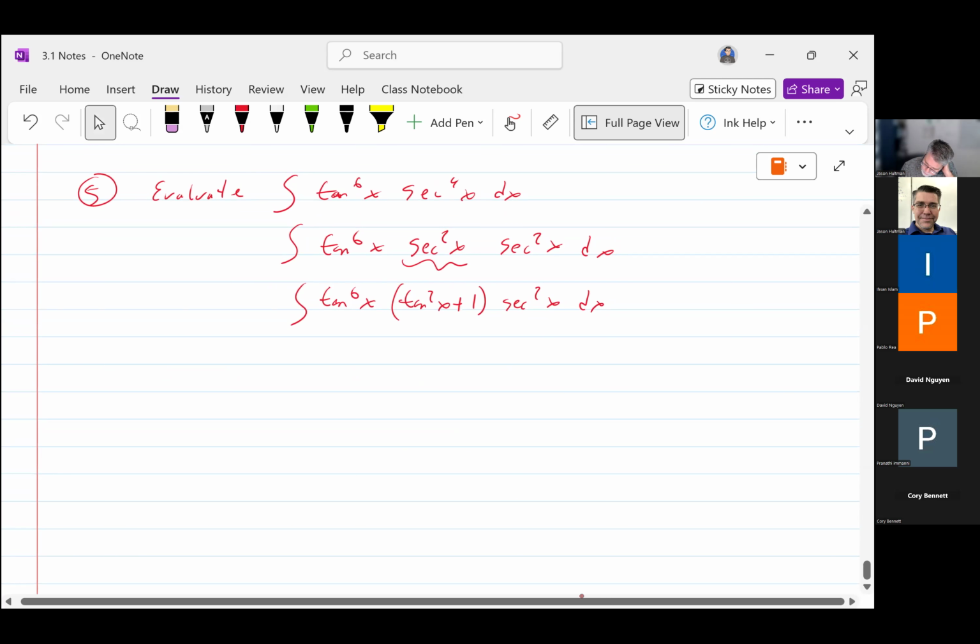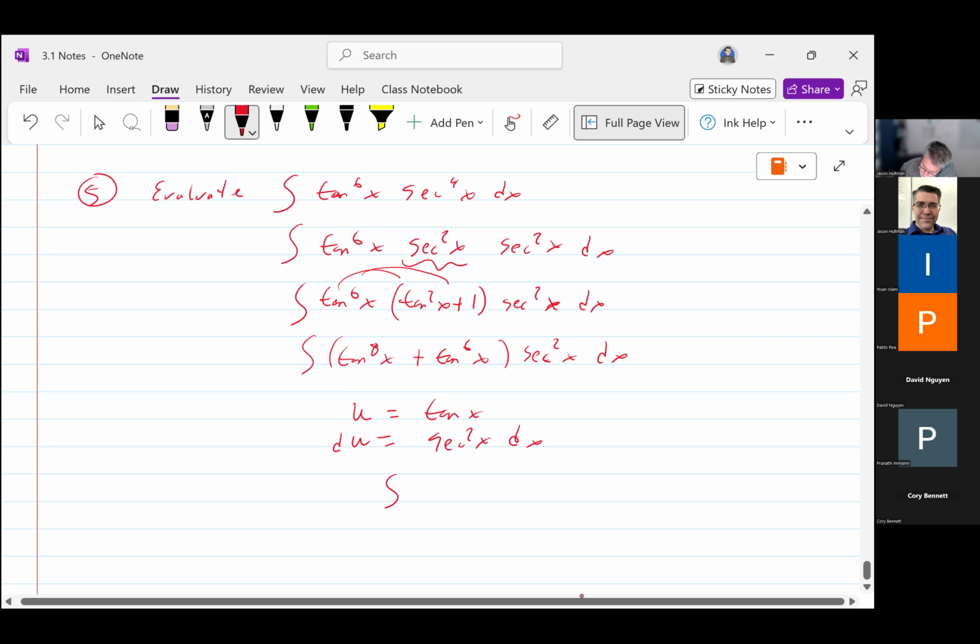And so I'm going to distribute. This becomes tangent x to the 8th. I'm going to stop saying the x because it just gets confusing. This is tangent to the 8th power plus tangent to the 6th power times secant squared dx. Now we're going to do our u sub. u is equal to tangent, du equals secant squared x dx.